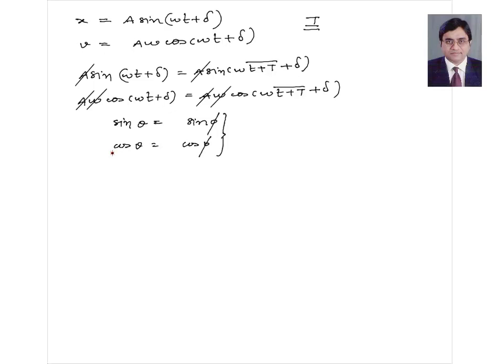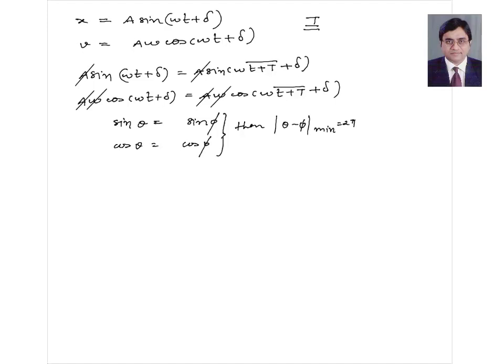So then what should be the answer for capital T? You are getting T equal to 2 pi by omega.